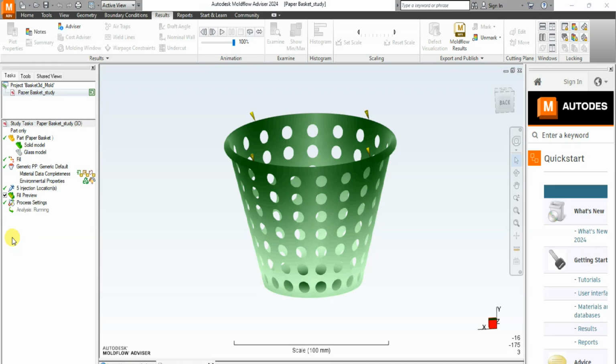Now you can see that the coloration for the fill preview is green. If you check this, it goes back to the basic object color, that's the default color that comes with the 3D model object. The mesh is about 95% now, and it's almost wrapping up its meshing process. The mesh for the advisor is automated to run before the analysis itself.